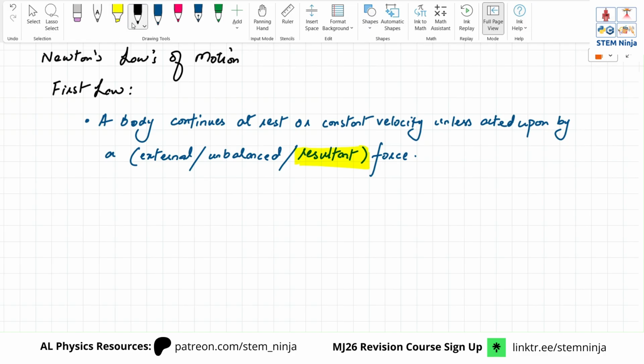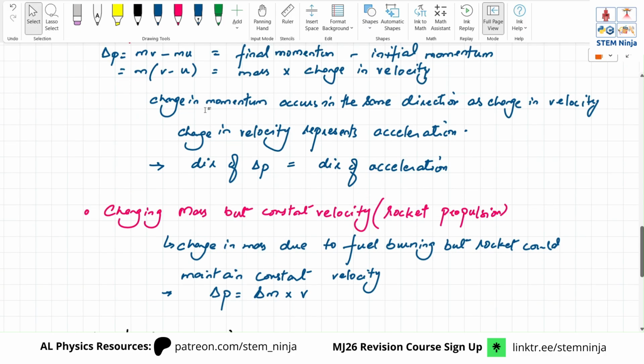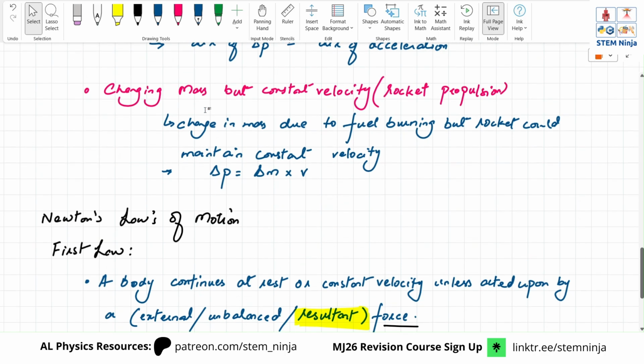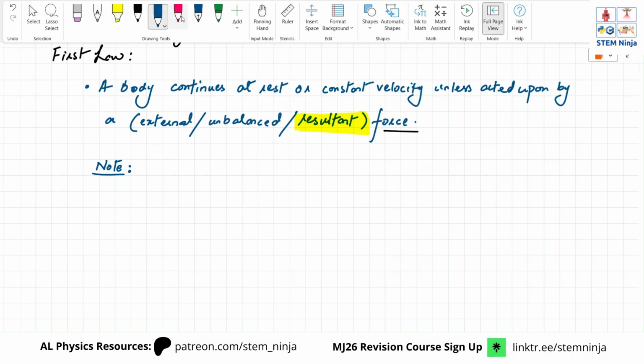Even if you just say force, that still means you're talking about the same thing. Resultant force basically means sum of forces, which we represent with a capital sigma F. So it's not just one single force, it's the result of multiple forces.